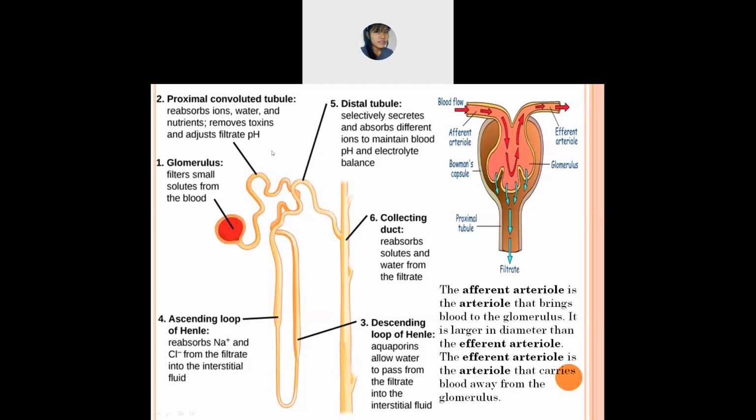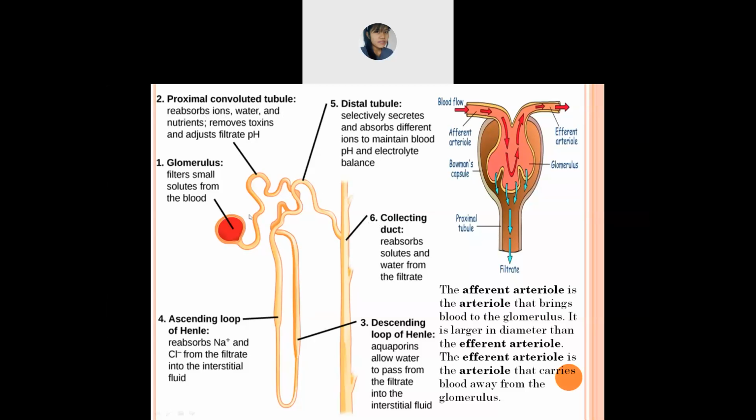Third, you will see the descending loop of Henle. Fourthly, the ascending loop of Henle. Fifth, the distal convoluted tubule. Distal, because it is far away from the glomerulus. And sixthly, you will find the collecting duct.